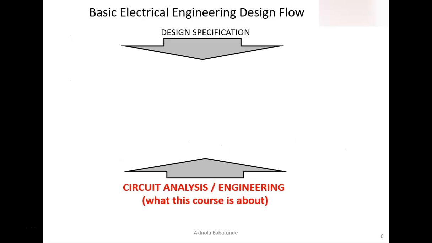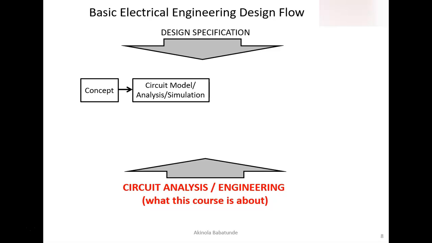When we talk about basic electrical engineering design flow, we will look at the following. First of all, you have a concept, and then you translate your concept into a circuit model or analysis or simulations.